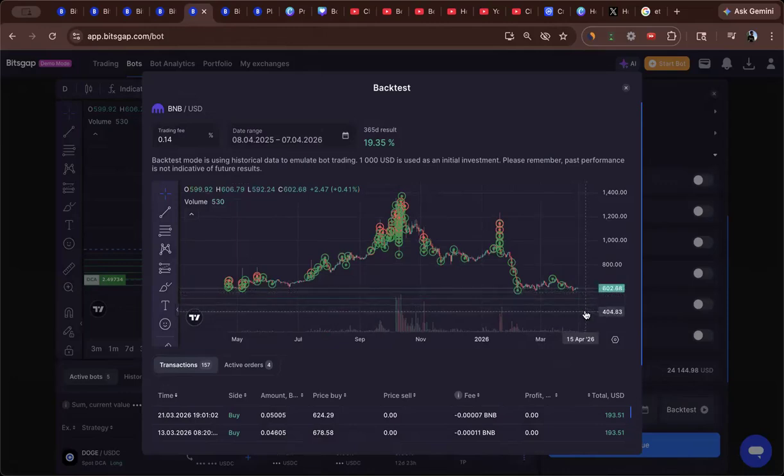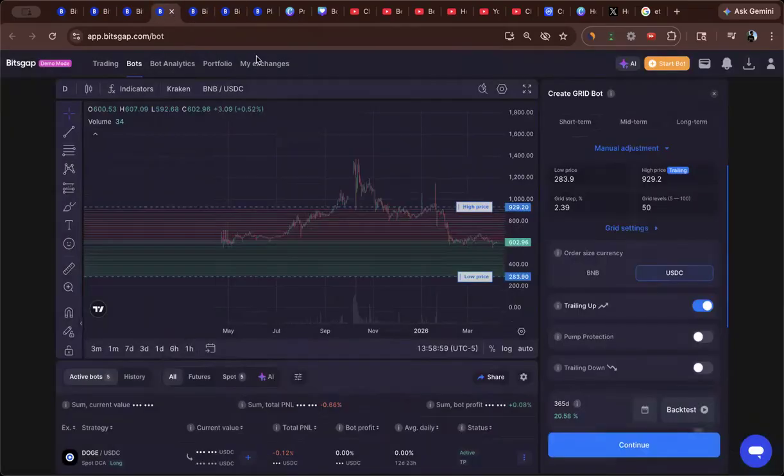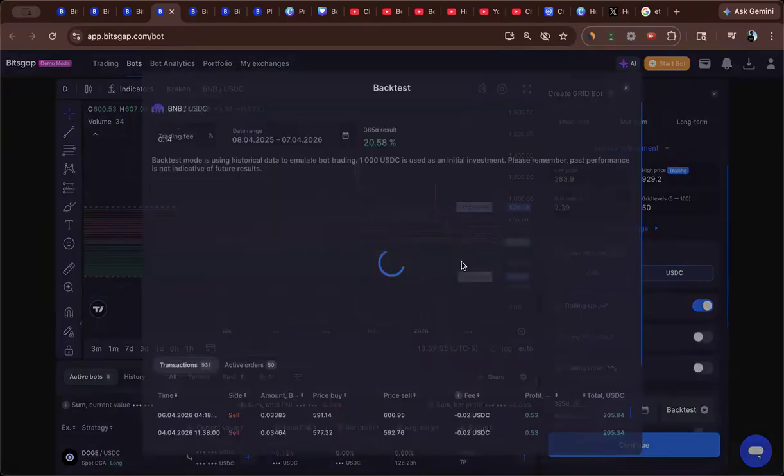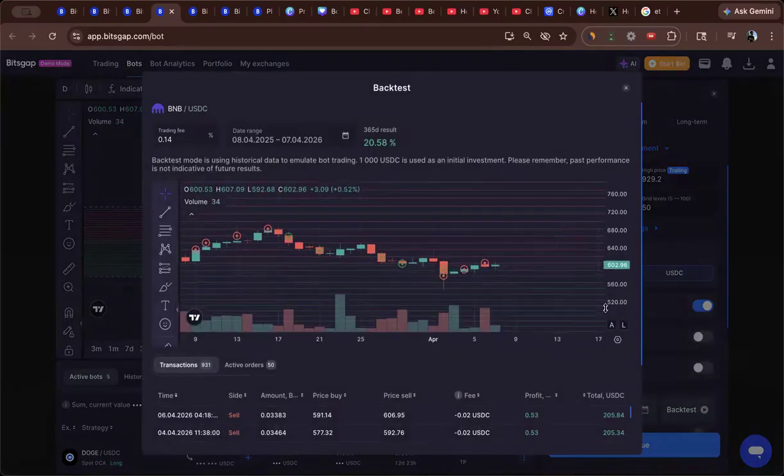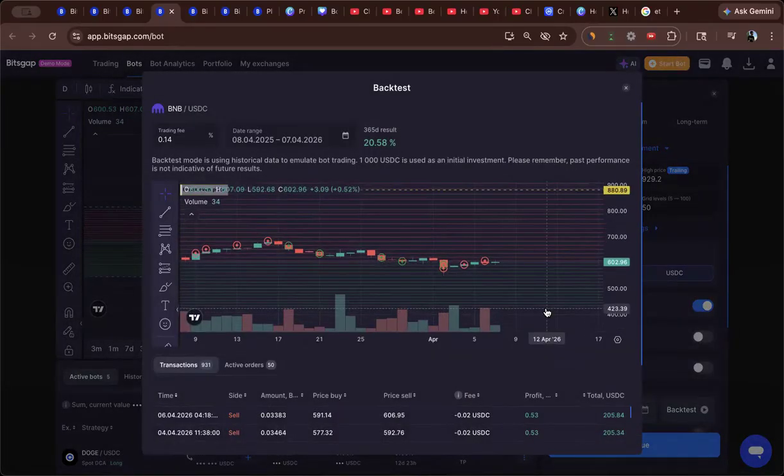So this bot still has you protected down to $400 for Binance coin, and the grid bot has you protected down to 421.